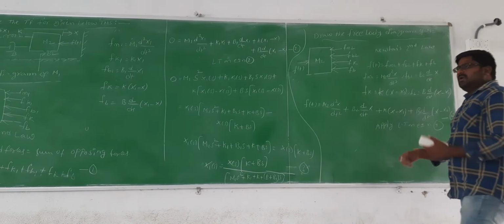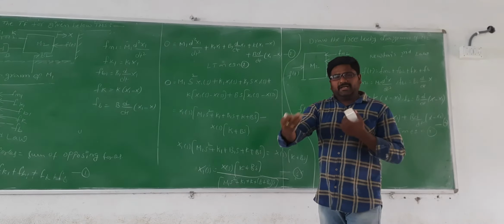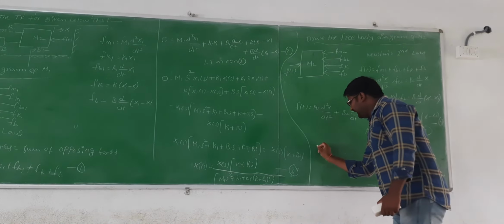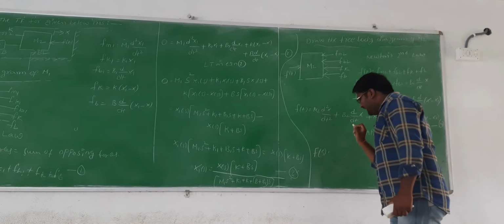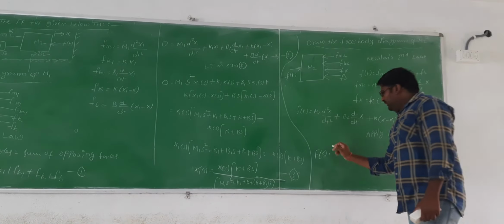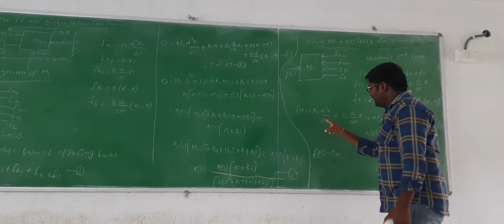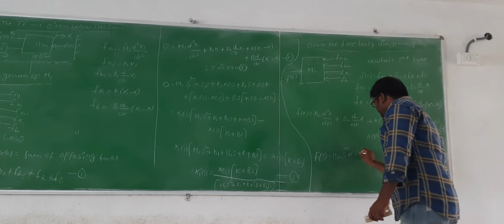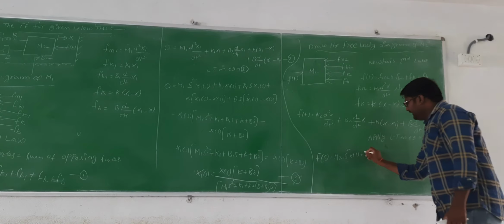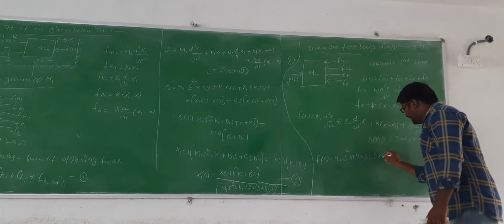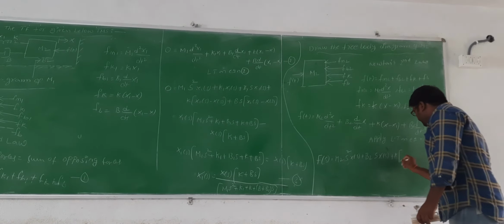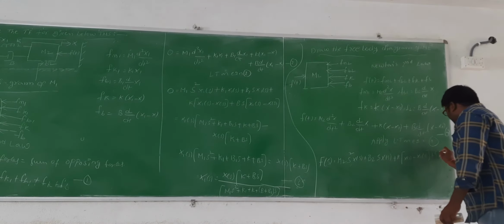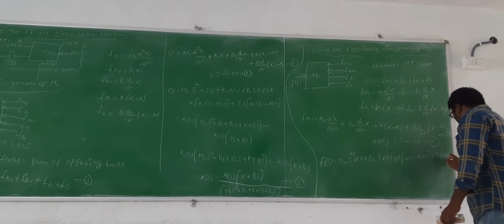The t domain F(t) is converted into the s domain F(s). m2 is constant, the Laplace transform of d²/dt² gives s² X(s), plus b2 is constant, s into X(s), plus k into (X(s) minus X1(s)) plus bs into (X(s) minus X1(s)).